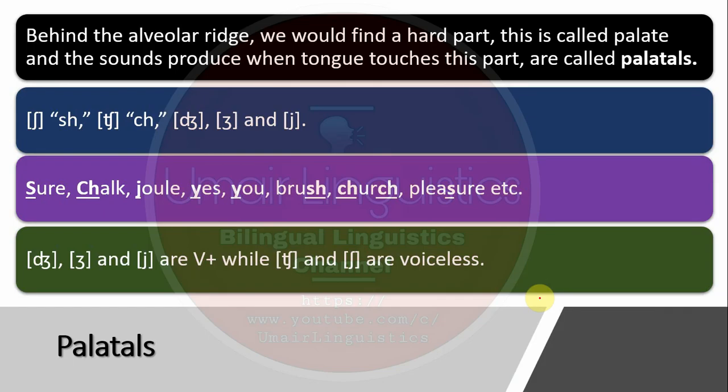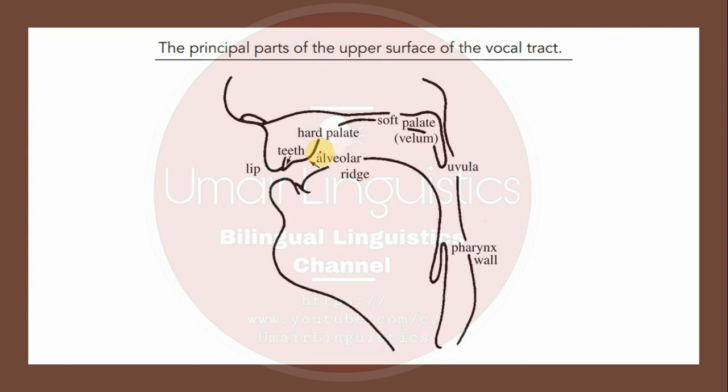Then among some other unfamiliar sounds are palatals. Just behind the alveolar ridge, let me show you again, this place is the hard palate. If you touch your finger here, you will find the hard part. It is called the hard palate, or just palatal as well.